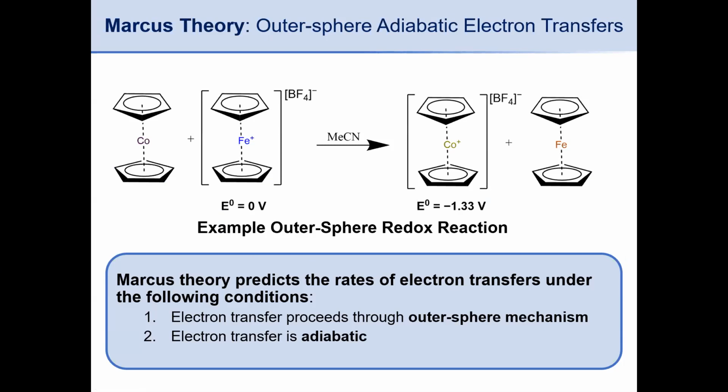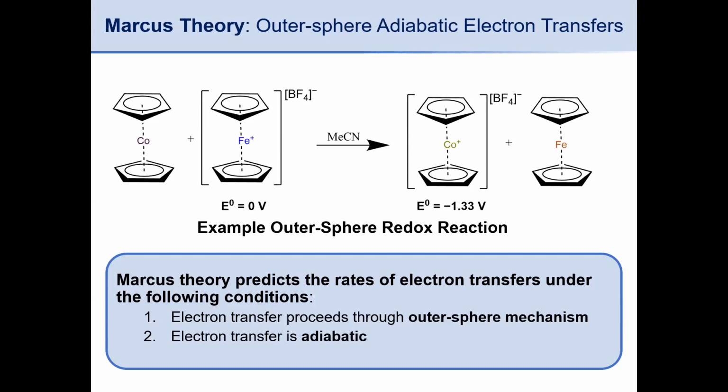Here we have cobaltocene, which is cobalt 2 plus, reacting with ferrocenium BF4, which is iron 3 plus. Cobaltocene is the reducing agent. Ferrocenium is the oxidizing agent. We're transferring a single electron from cobalt to iron, and we're getting cobaltocenium at the end and ferrocene.